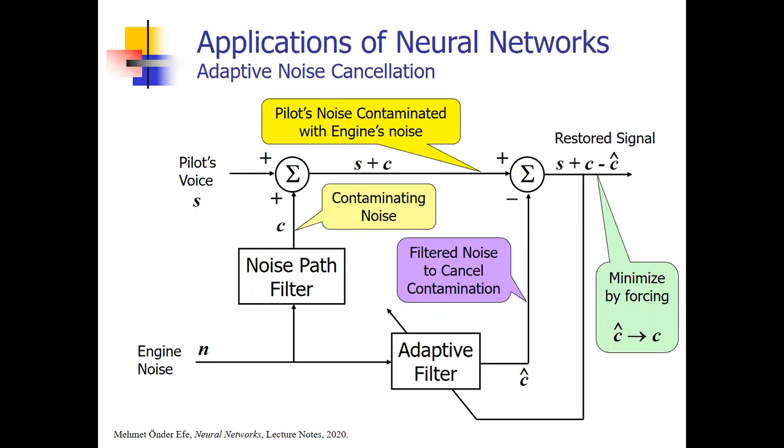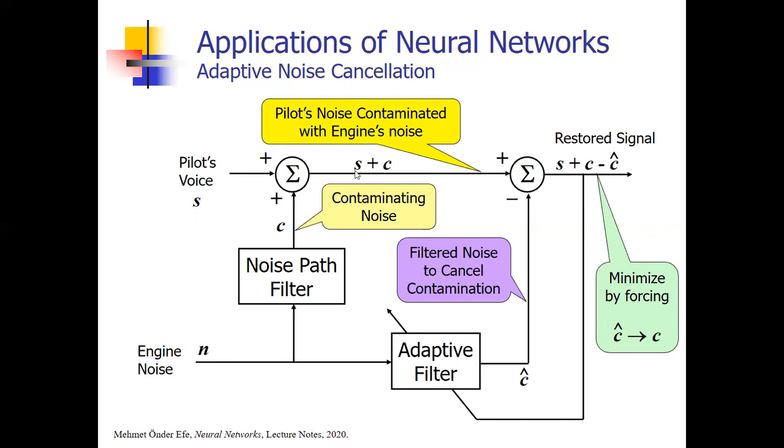That engine produces some noise, and that noise passes through the physical structure of the aircraft and reaches the microphone of the pilot. When the pilot is speaking, this signal C, which is a filtered version of the engine noise, is added to the pilot's voice.